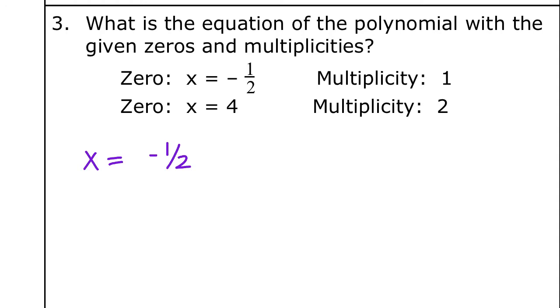If I want it to be a factor, the x and the number have to be on the same side of the equal sign and make it equal 0. So I'm going to add 1/2 to both sides. That leaves me with x plus 1/2 equals 0. Okay, so it equals 0 like I want it to, but I don't like that fraction there.